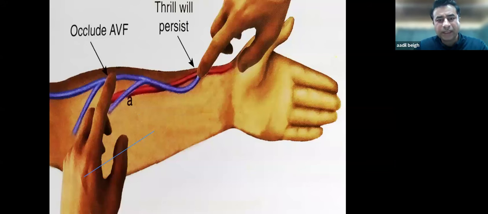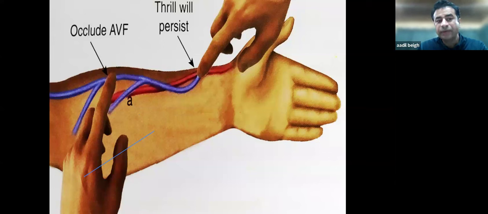There's always confusion between accessory vein and collateral. A collateral is always formed when there's a stenosis. An accessory vein is basically a division of the vein; it's not a collateral vein, and the flow is distributed in both veins.